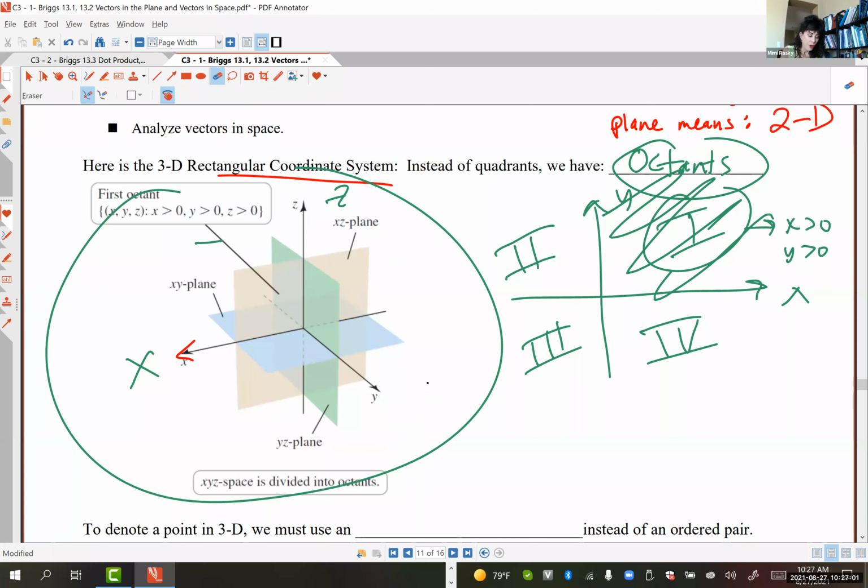What else? Well, a couple other things while we're here. You'll notice that in this picture, they've got this blue flat plane here. That is called the XY plane, and it contains the X and Y axes. When you're in the XY plane, the Z coordinate is understood to be 0. Another coordinate plane you need to know is this one here.